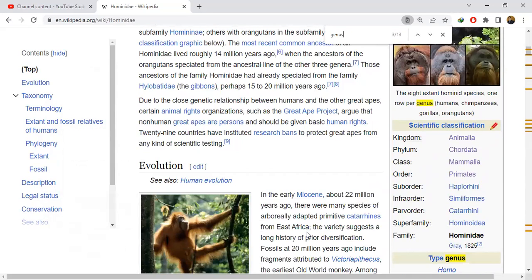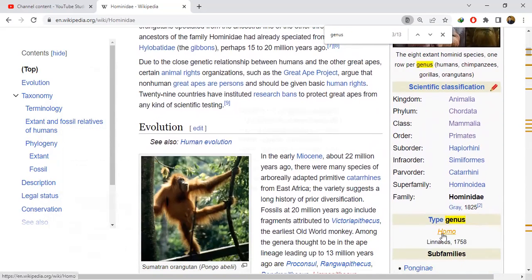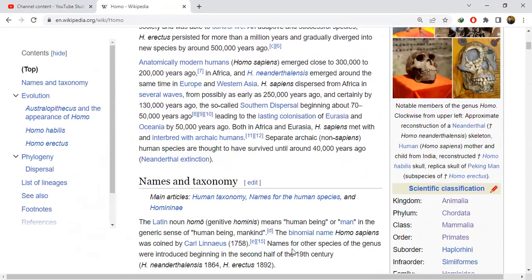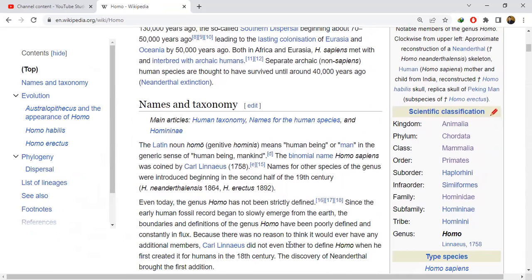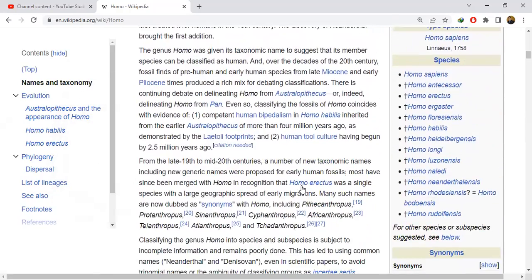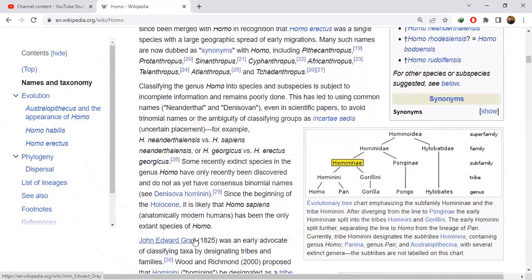If you get into the genus Homo, many species are there: Homo sapiens, Homo neanderthalensis, Homo habilis, Homo erectus, many are there. Among them, only Homo sapiens is the living species at the moment. Understood?